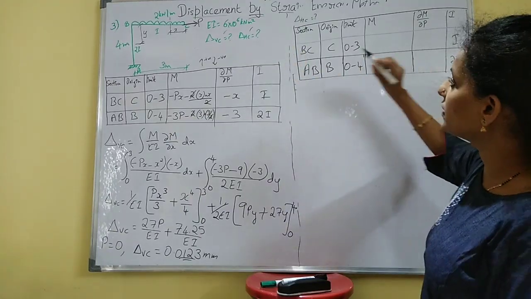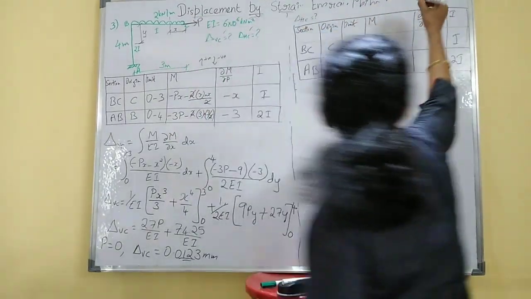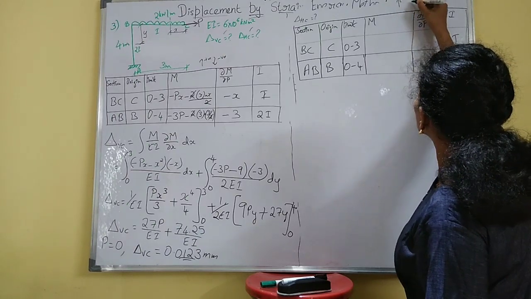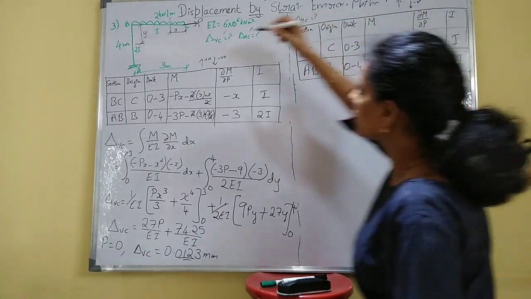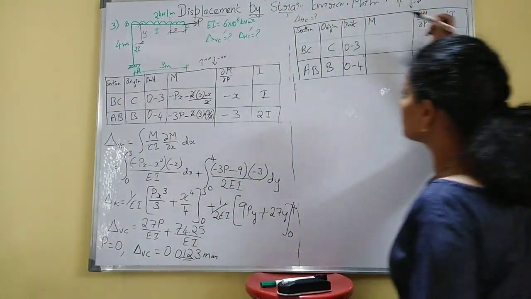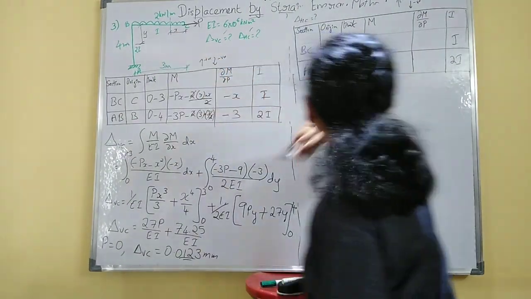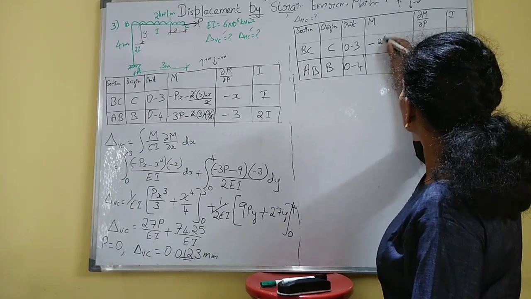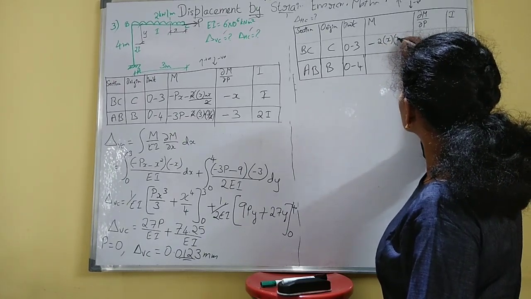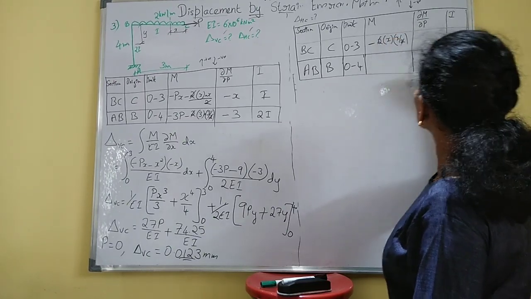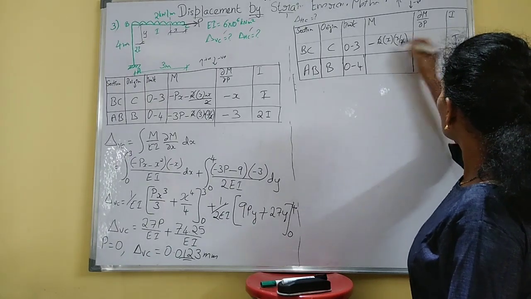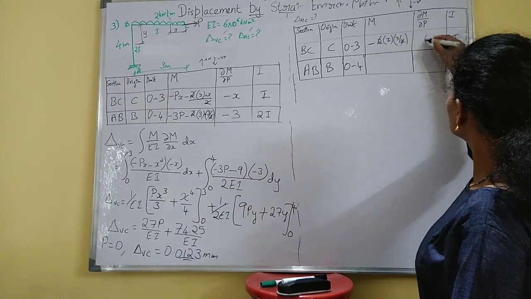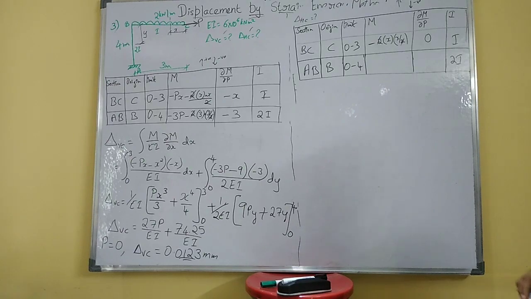Upward positive, downward negative. Here downward, only this UDL will be there up to this point x, so you have minus 2 into x by 2. In terms of P, there is no P term, so dM by dP is 0.